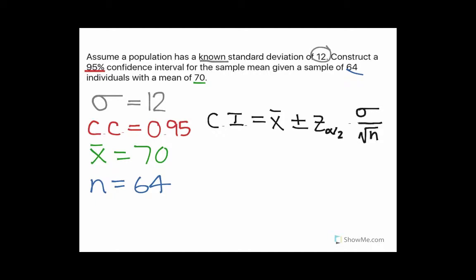The only thing we're missing now to be able to use our formula is the critical z-score, and this is usually where the most work comes in when building a confidence interval. We're trying to find z sub alpha over 2.